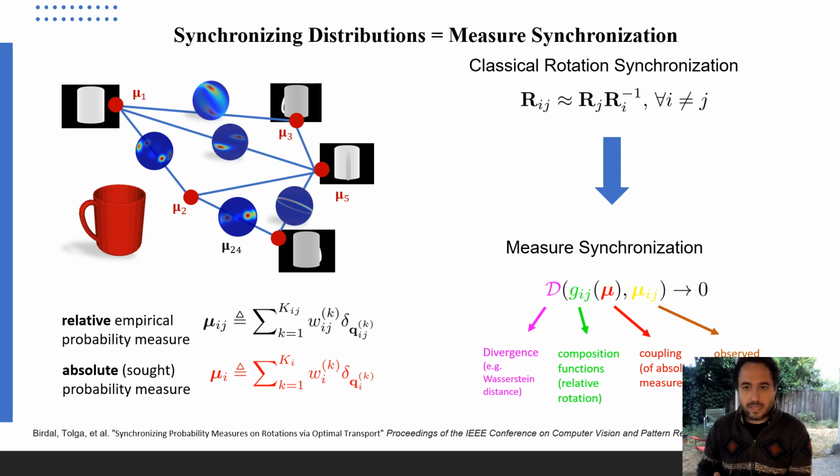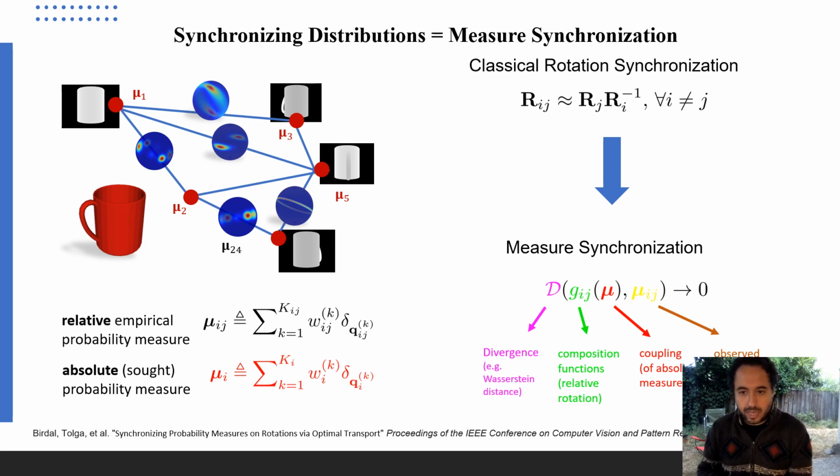So consider the classical synchronization on the right. We have Rij approximately equal to Rj times Ri inverse for all i not equal to j. We could convert this problem to a distribution synchronization or a measure synchronization problem simply by replacing the distances between rotations, or the geodesic distances, by the divergences between probability distributions.